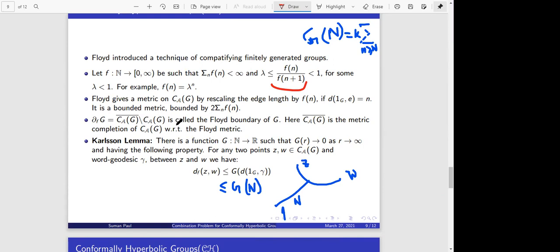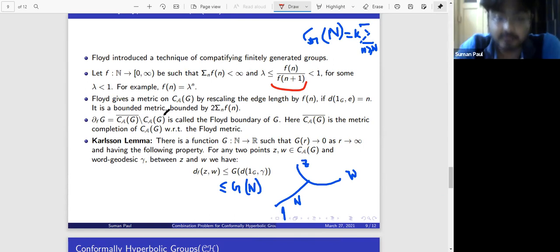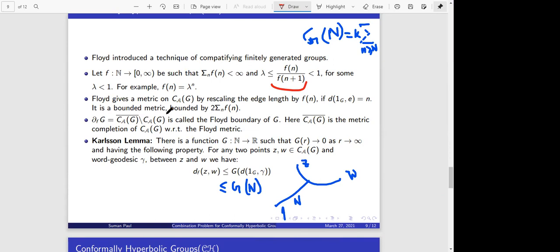Okay. So you are saying that the Floyd boundary and Gromov boundary are the same for hyperbolic groups, and that gives rise to the same topology on the boundary. Same topology. Exactly. Then you mentioned one thing, that if G is non-elementary, then G acts on the boundary as a convergence group.